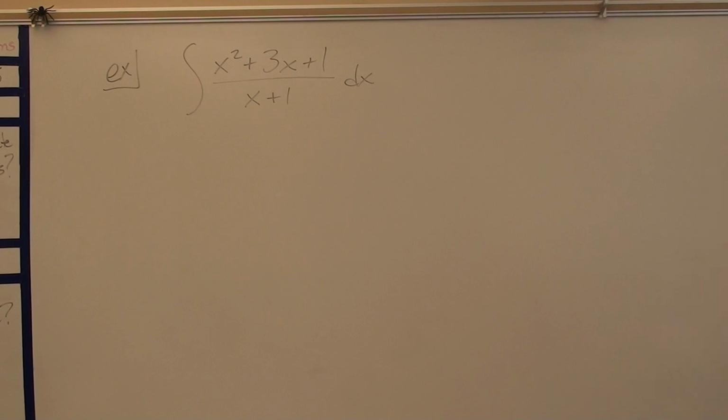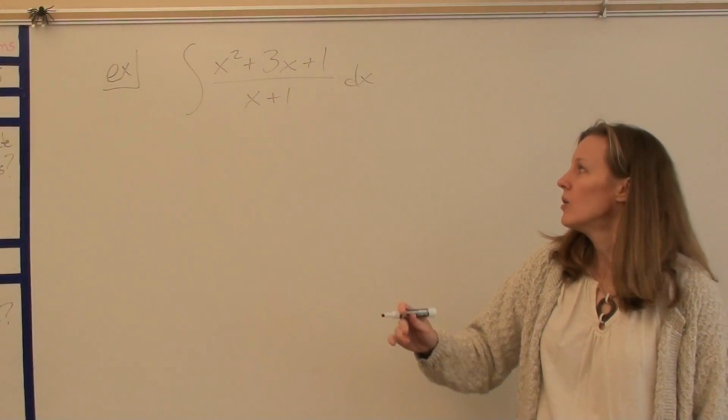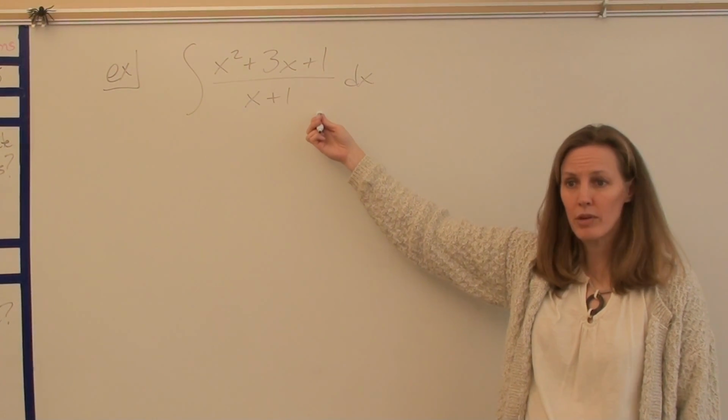So what should we do? Factor! Okay, you could try to factor, but x squared plus 3x plus 1 does not factor well. You can use the quadratic formula. What would that do? Okay, but now remember, if it doesn't factor and you have to do the quadratic formula, will x plus 1 go into it evenly?